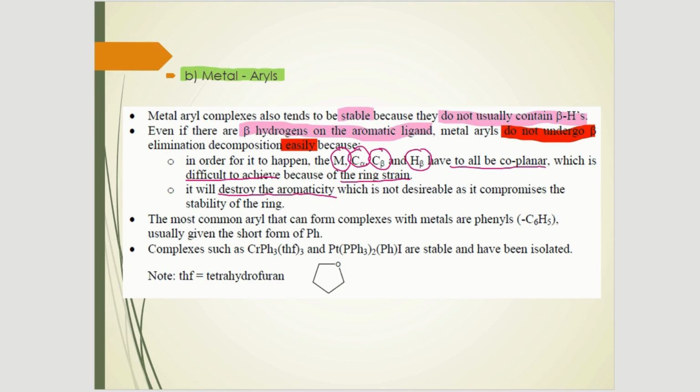The most common aryl that forms complexes with metals is phenyl, C6H5, usually written in short form as Ph. Complexes such as these two are stable and have been isolated. Although they have beta hydride, the metal-carbon sigma bond compound can also be stable. Okay, that is for metal aryl.